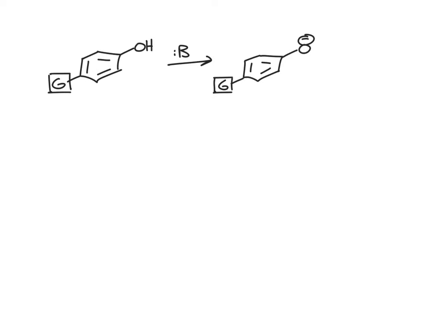So any groups that stabilize the negative charge are going to make phenol more acidic. Well, we know electron withdrawing groups stabilize the negative charge. So electron withdrawing groups attached to the ring will make for a stronger acid.